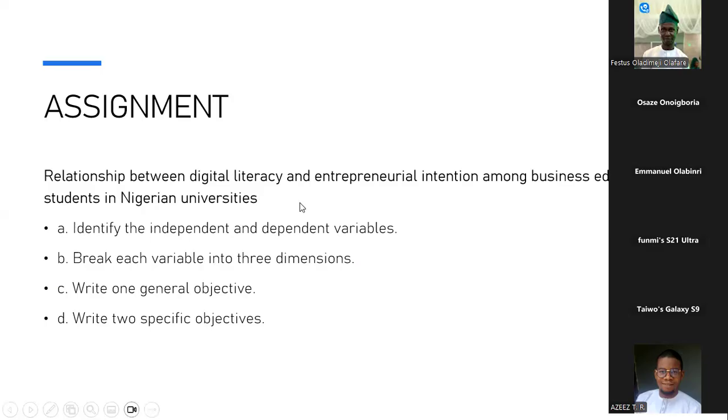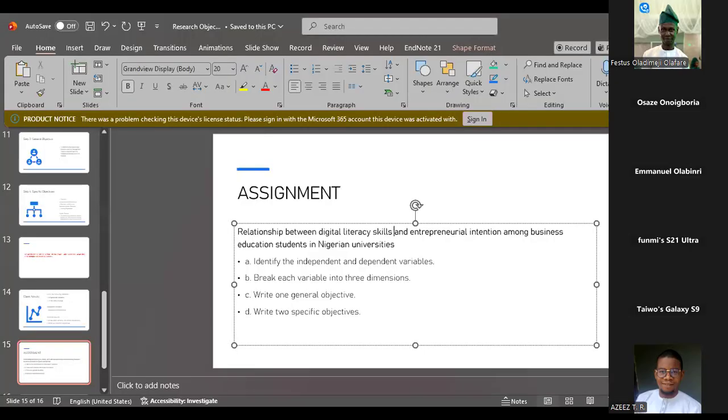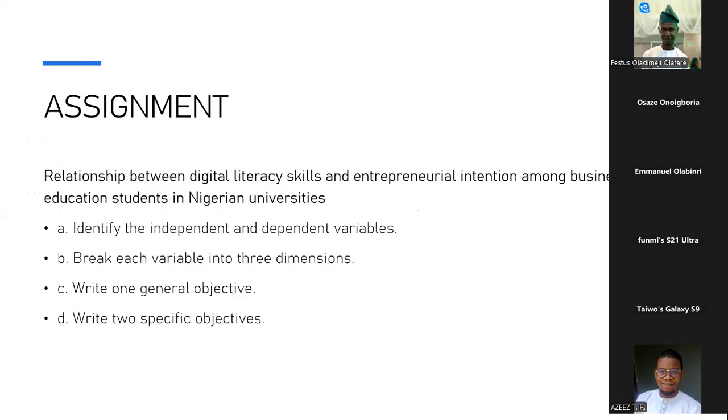Instead of having just digital literacy, let's have digital literacy skills. So we have relationship between digital literacy skills and entrepreneurial intention among business education students in Nigerian universities.